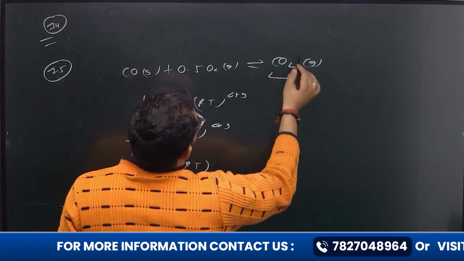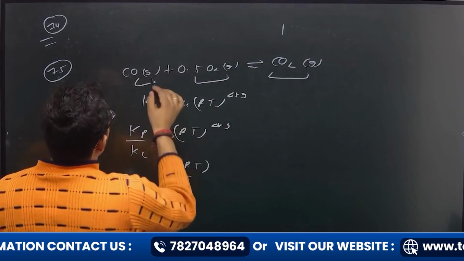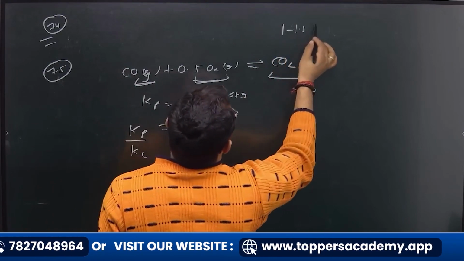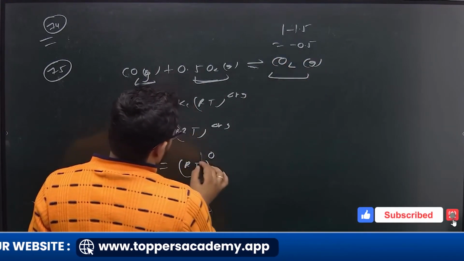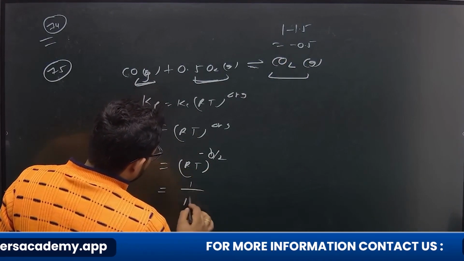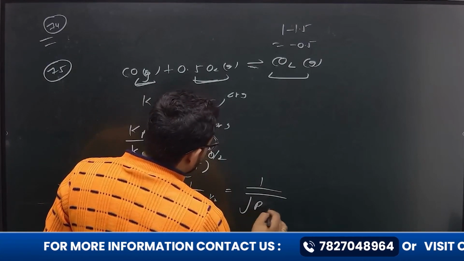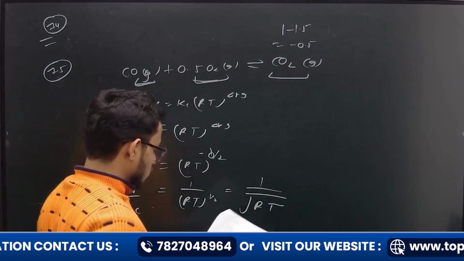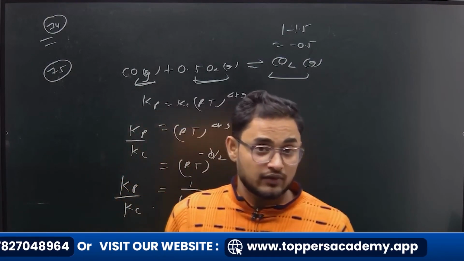Number of gas moles of product 1 minus number of gas moles of reactant, 0.5 plus 1, 1.5. So it is minus 0.5, minus 1 by 2. So I can say 1 upon RT to the power 1 by 2, or 1 upon root RT. So the value of Kp upon Kc is 1 upon root RT. B option. So we have solved the first 25 questions.